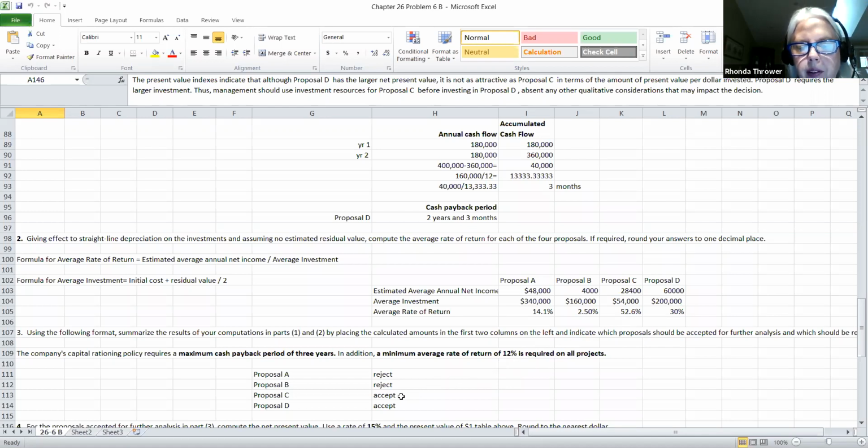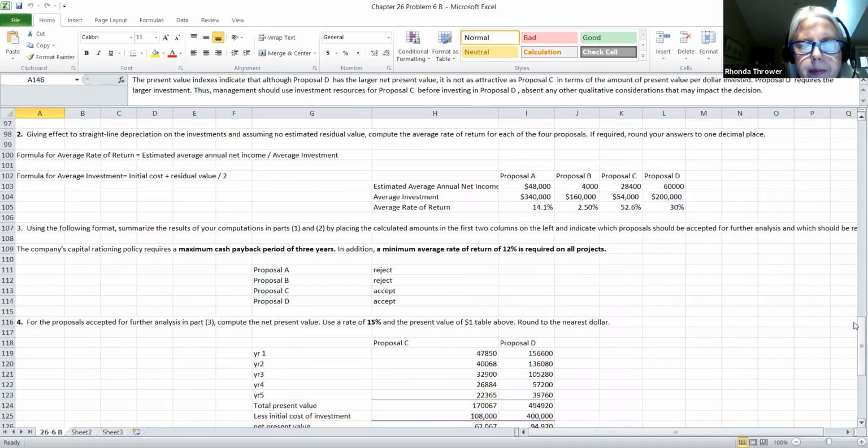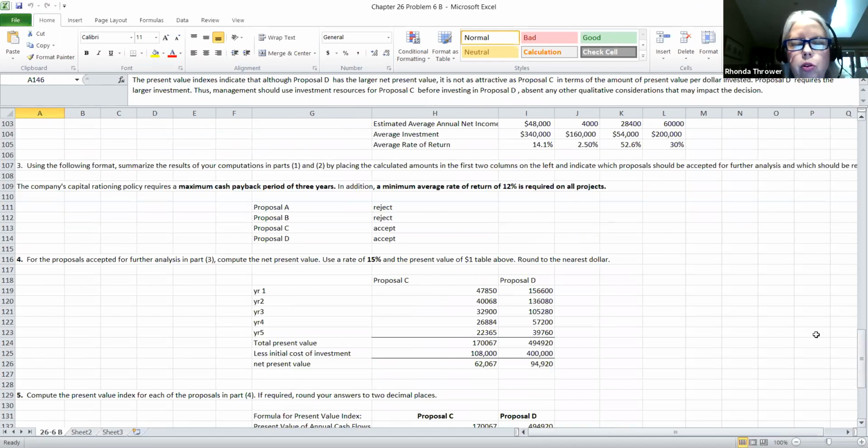So we're going to accept proposal C and proposal D for further analysis, so we can choose between these 2 proposals.